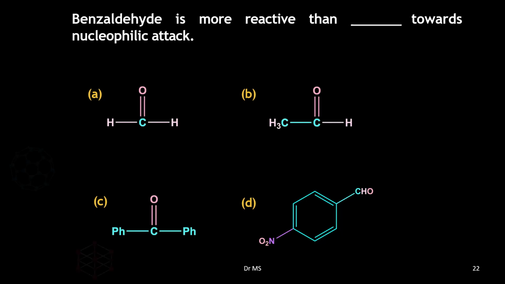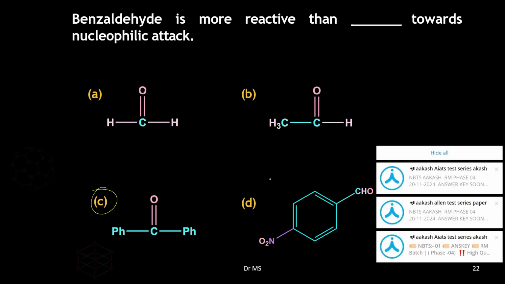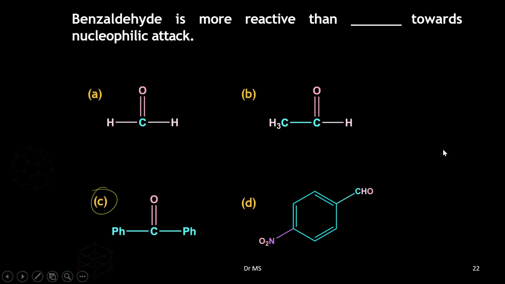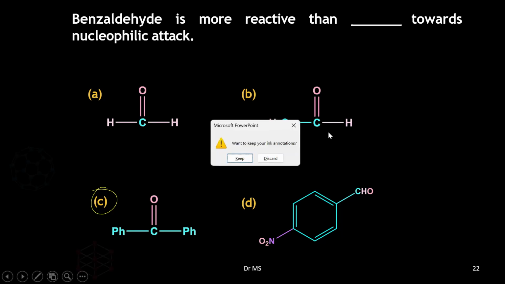Sir, option C. So Nitya says option B. Okay, what about the others? No, sir, C. Option C. Okay, what about the others? So C. One second, guys.